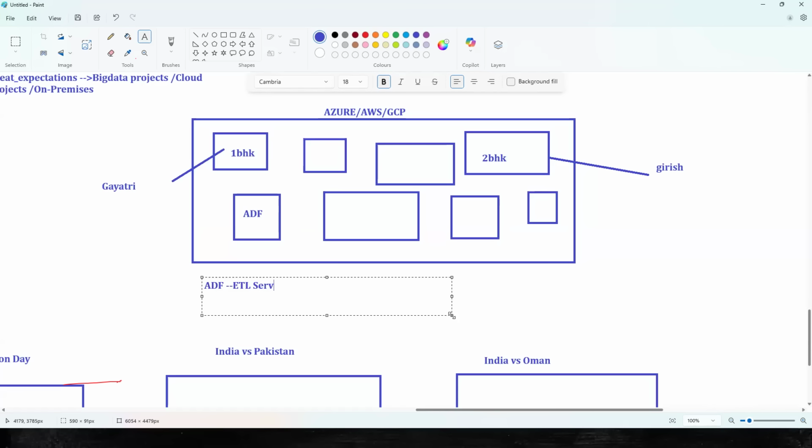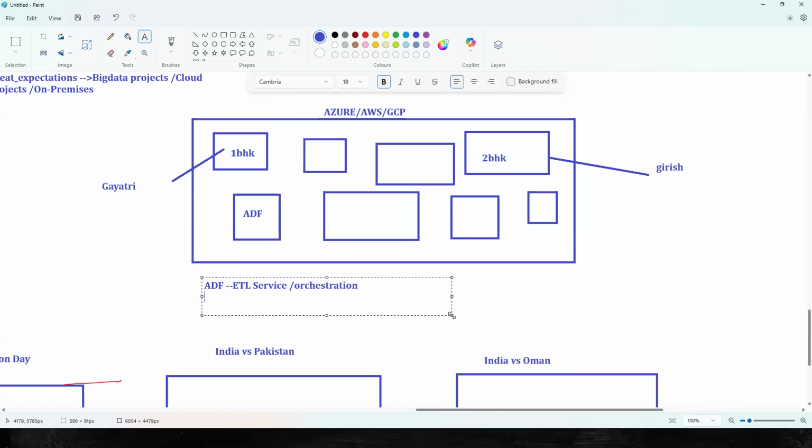If you want to perform extraction, transformation and loading in Azure Cloud, you use ADF. If you want to perform orchestration, you know tools like TWS or Control M. That functionality is also available in ADF.